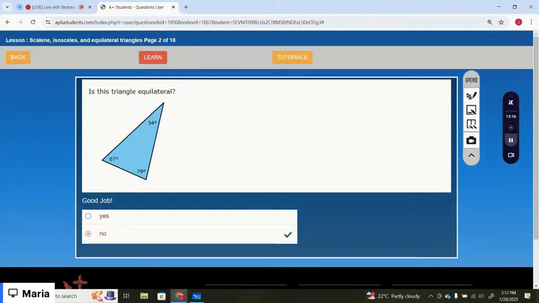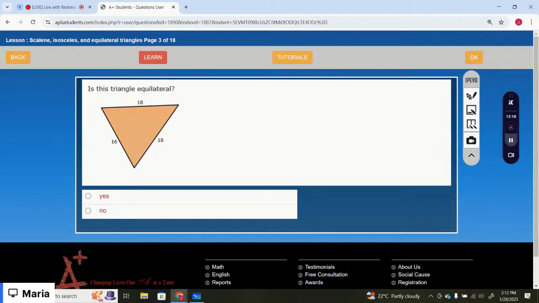The correct option is no. Is this triangle equilateral?